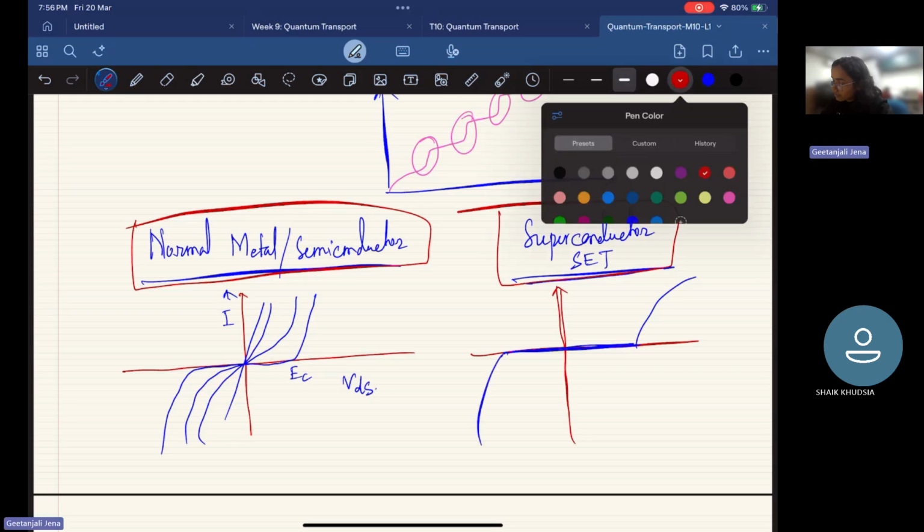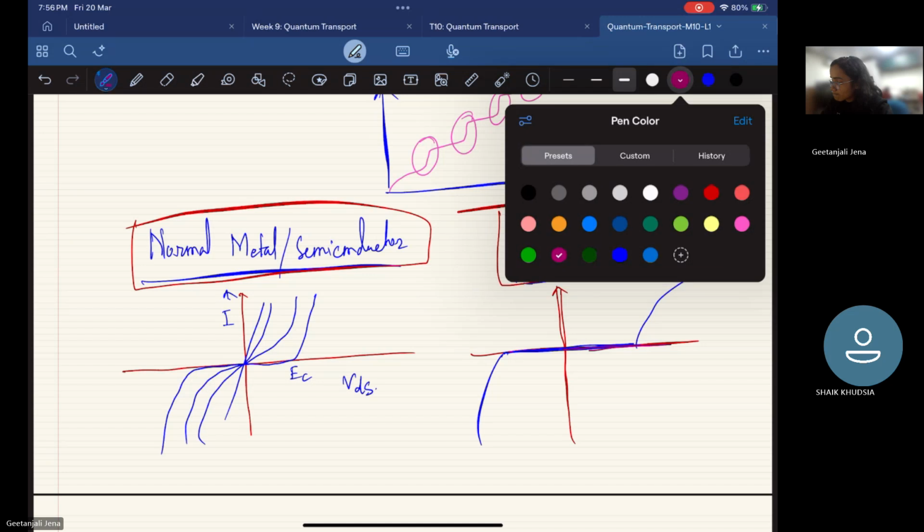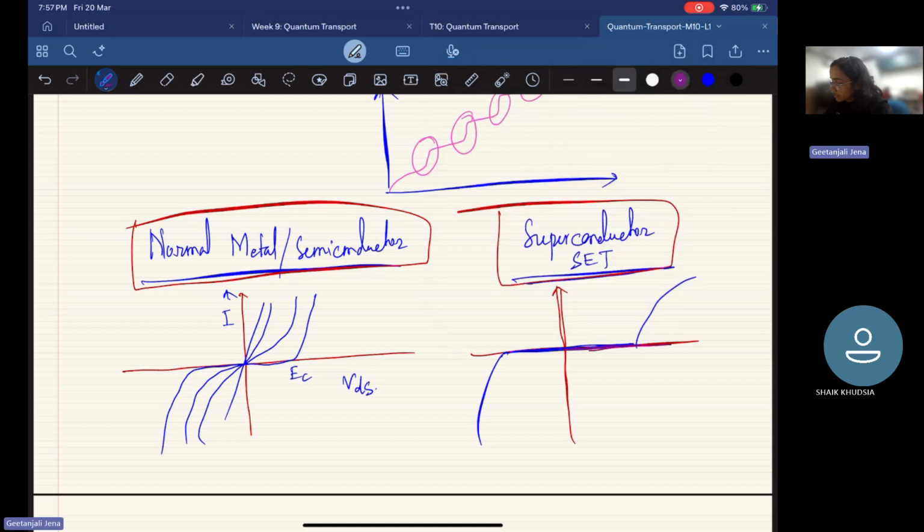And we also have one of the curves where the current is non-zero up to this point here, then it increases. The blue one is for the Cooper pair, and the purple one is for the case where we have a quasi-particle state.